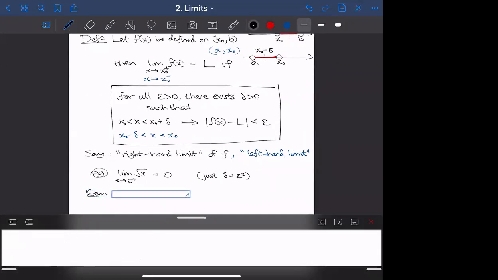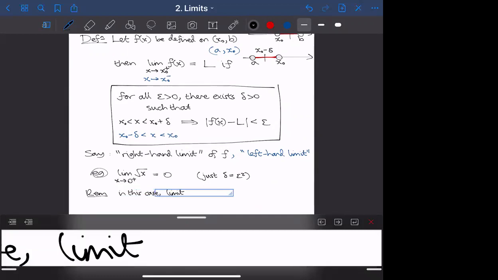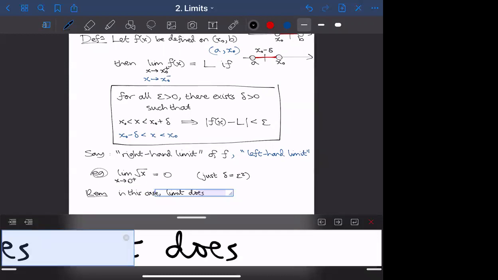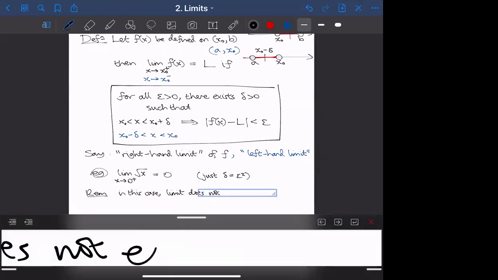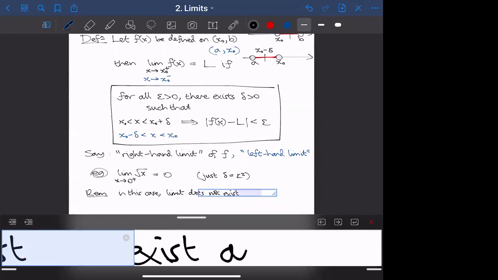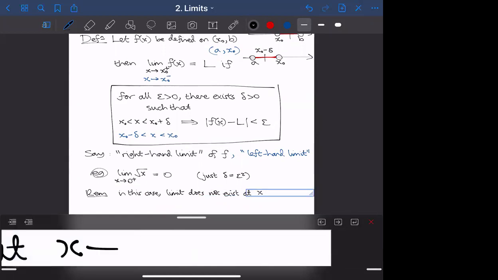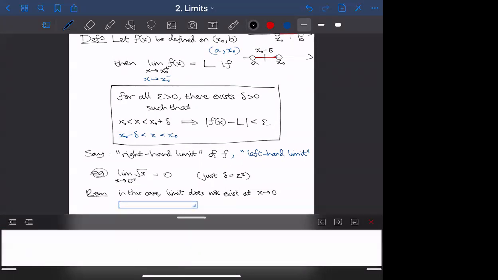And this is useful because in this case, the limit does not exist as x goes to 0, but the right-hand limit does.